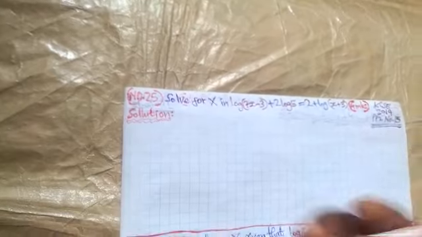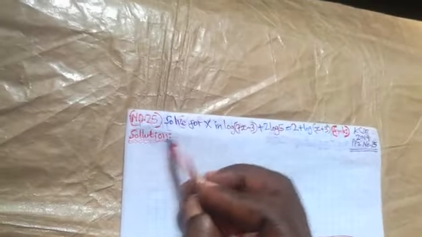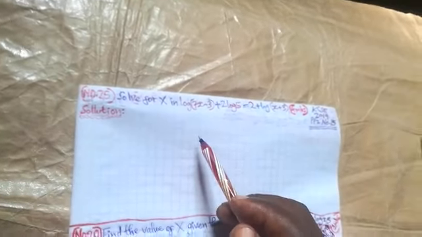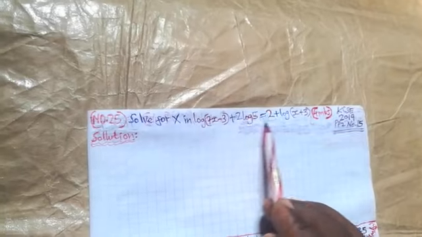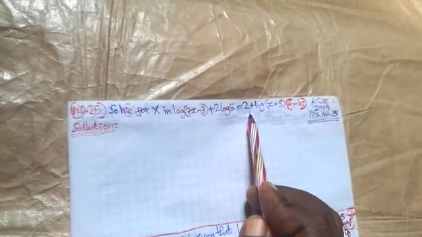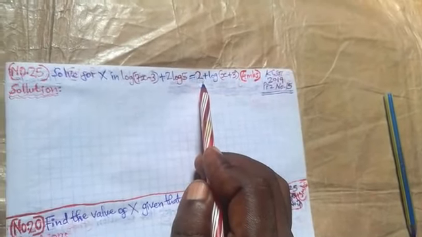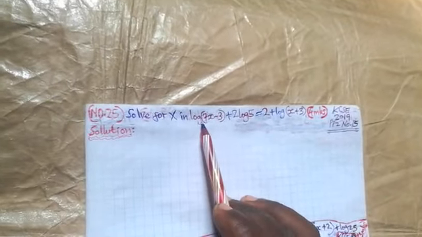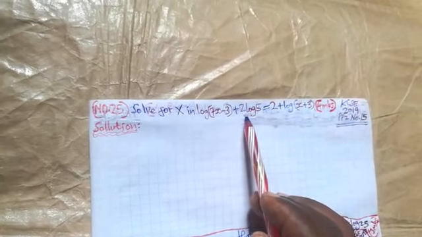So for question number 25, we say solution. First, because you can see that we have 2 as a whole number, we are going to apply the power rule in 2 log 5.